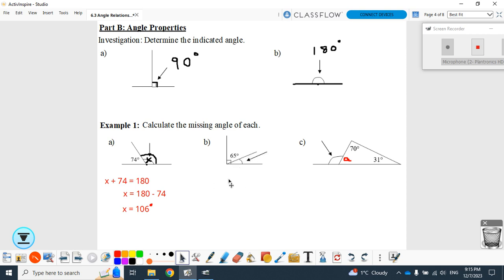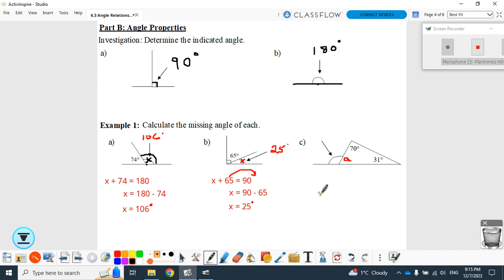Whatever this angle is, we'll call it x again. x plus that 65 has to equal 90, right? And if that's the case, we bring this 65 over here, and it becomes minus 65. 90 minus 65 is just 25 degrees. So this little spot right there has got to be 25 degrees. And this one's got to be 106 degrees.